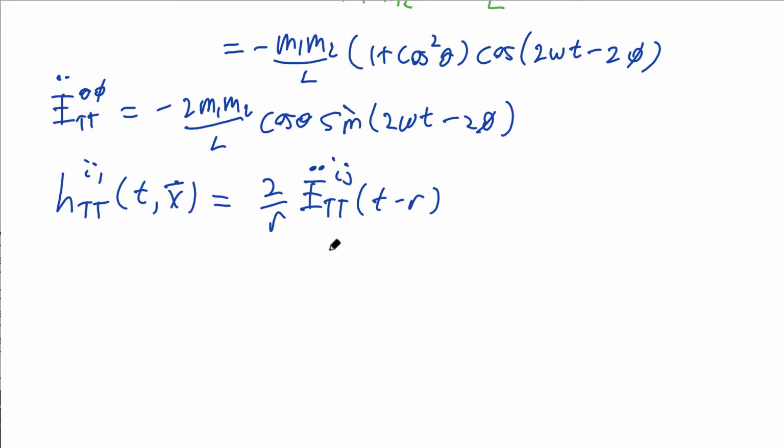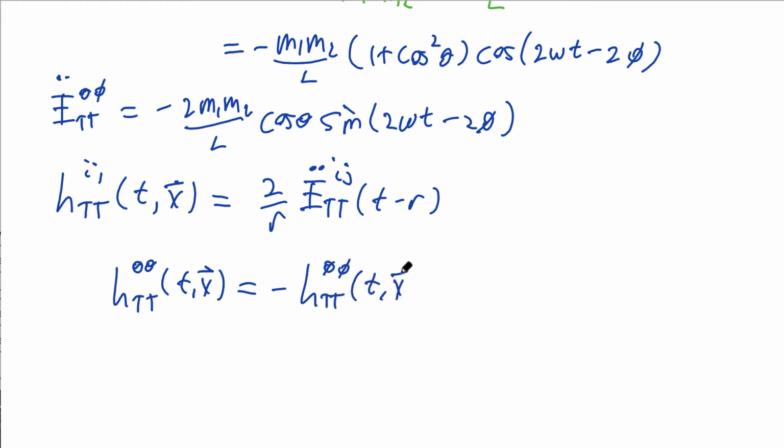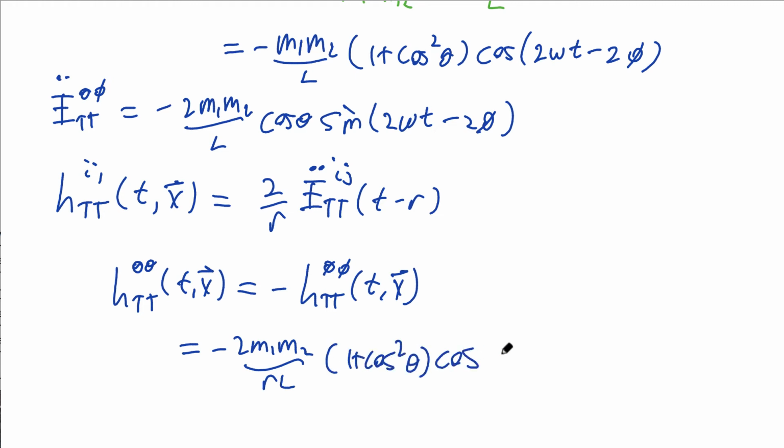So taking the theta-theta projection of this equation and using our result here, we find that h TT theta theta at time t and location x, which is just equal to minus h TT phi phi, is equal to minus 2 m1 m2 over r times L times 1 plus cosine squared theta times cosine of 2 omega times t minus r minus 2 phi.